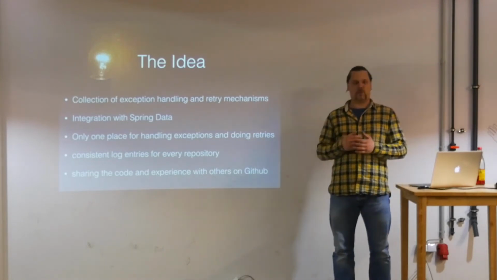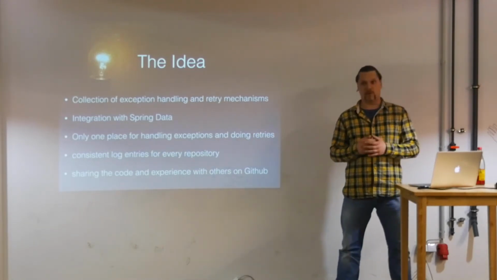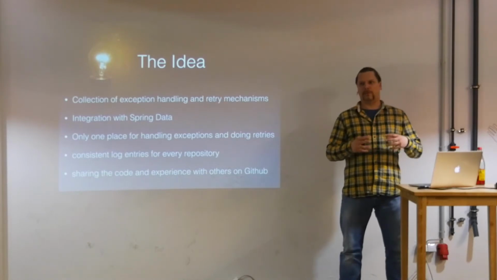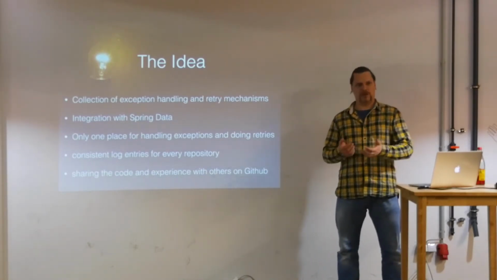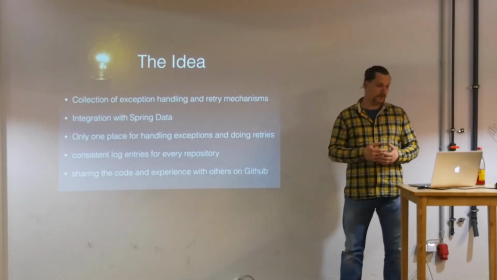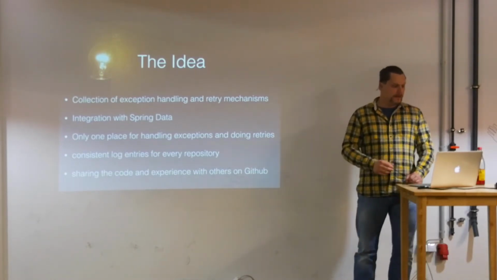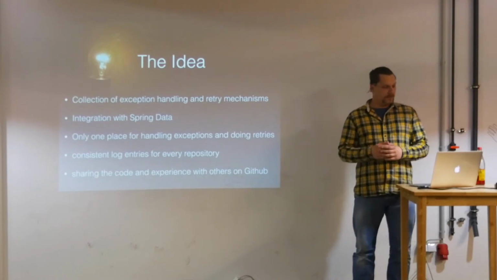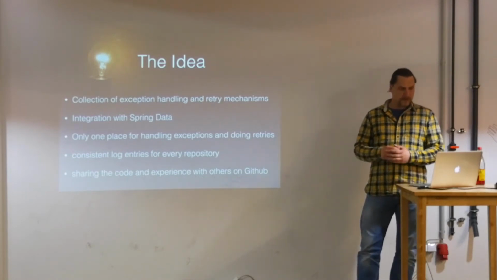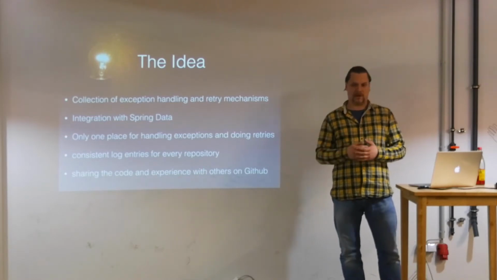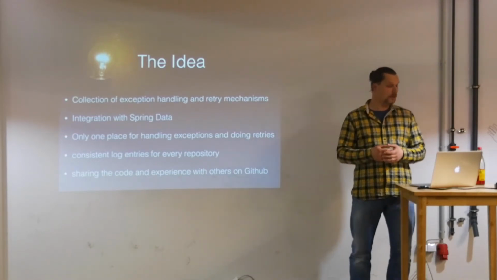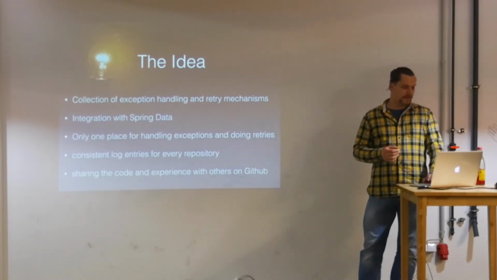And then we started with Spring Data MongoDB, and in Spring Data MongoDB, all the exception and retry mechanisms don't work. It's completely different. So we tried to put everything together and use our retry mechanisms and exception translation also for the Spring Data repositories.